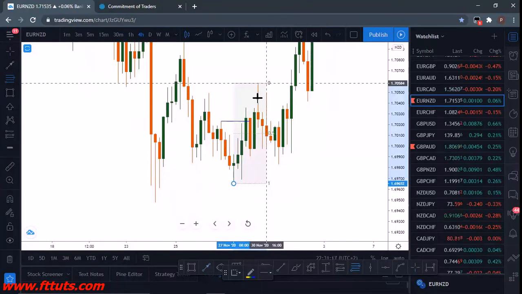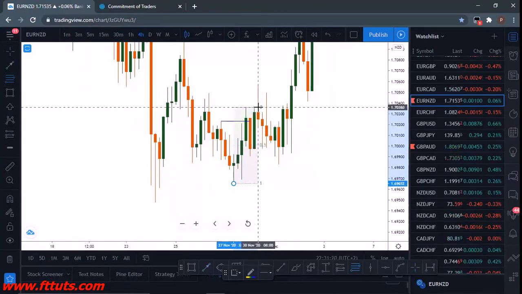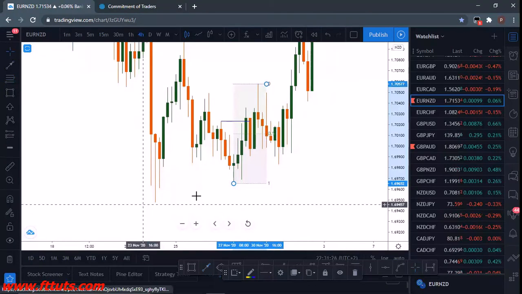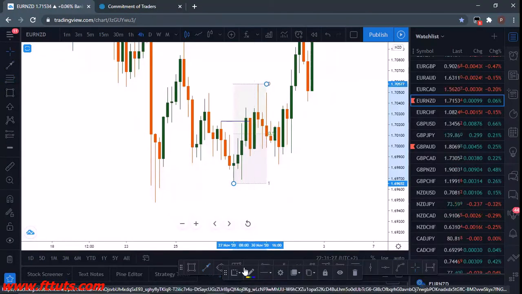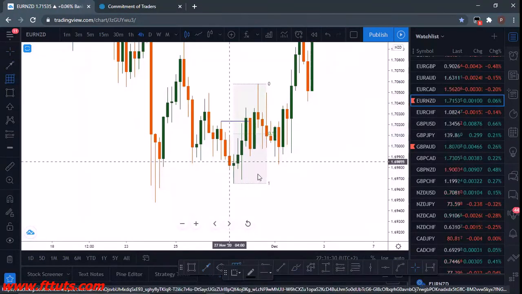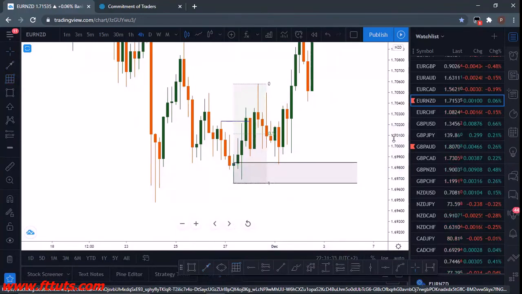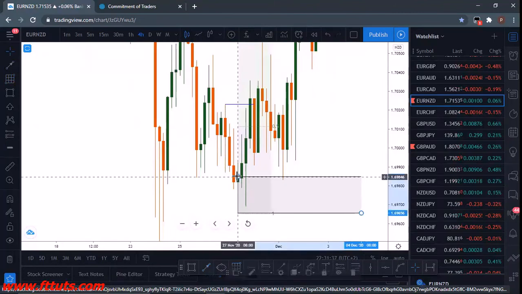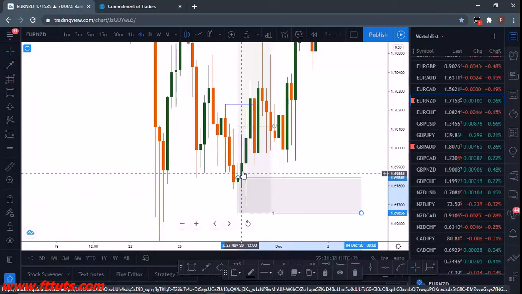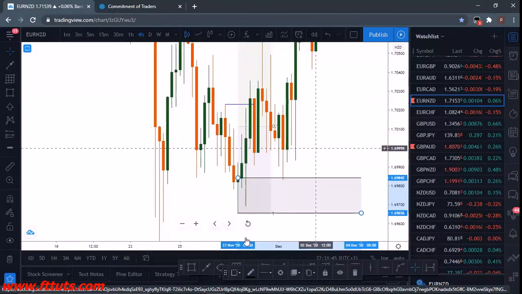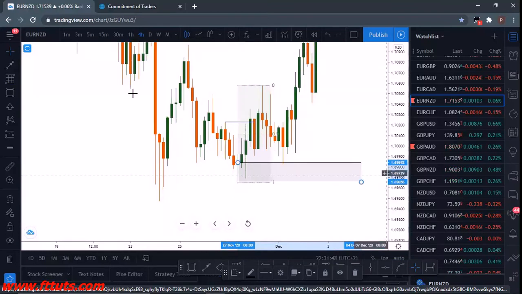This was the most recent high. So this area down here is a very good area of demand. Why? Because this second green candle closed above the previous candle and also closed above the previous bearish candle.